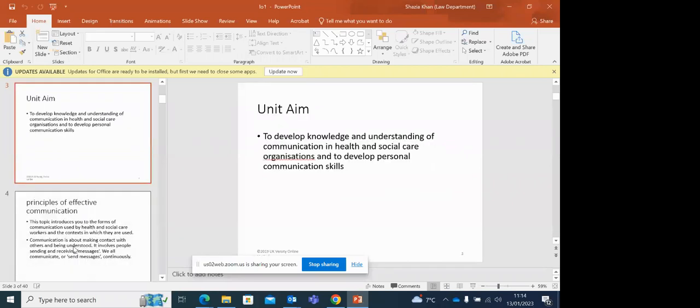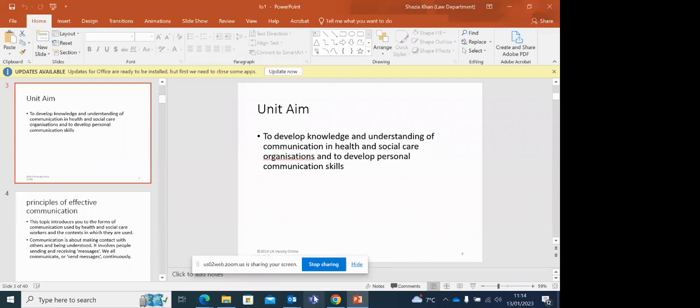Okay, so the unit aim today is to develop knowledge and understanding of communication in health and social care organizations, and to develop personal communication skills. Why do you think, when we look at communication skills, it's so important? To maintain the relationship.